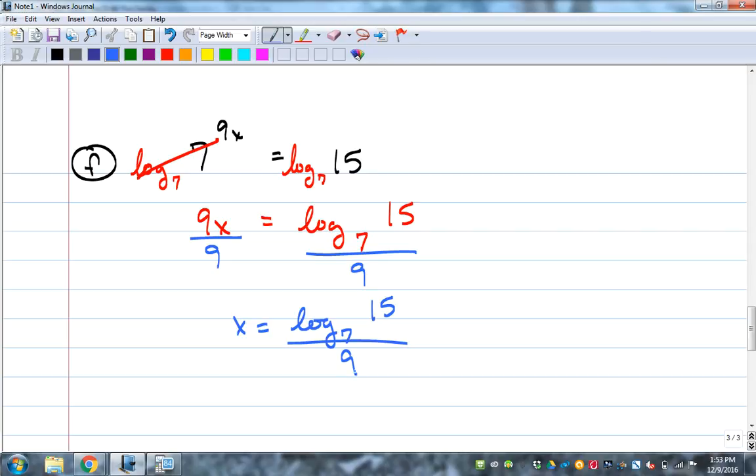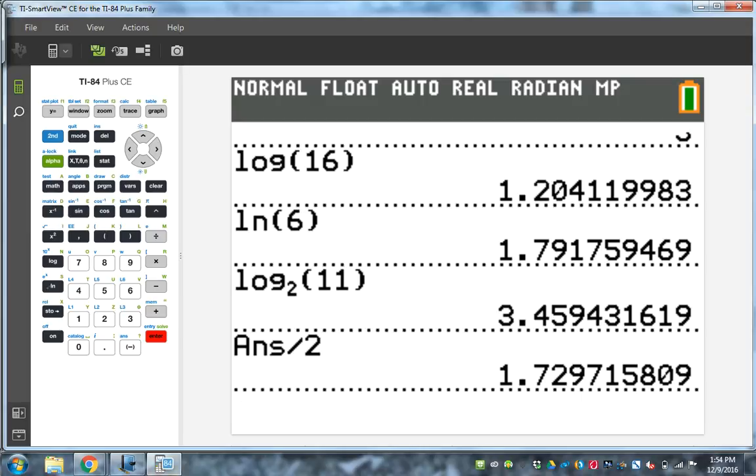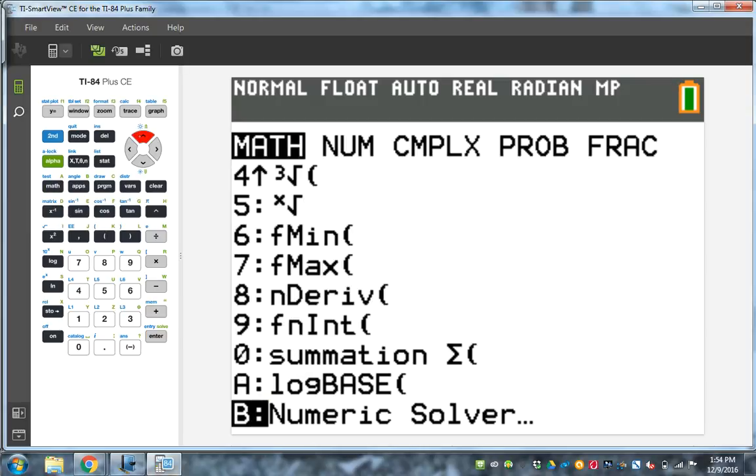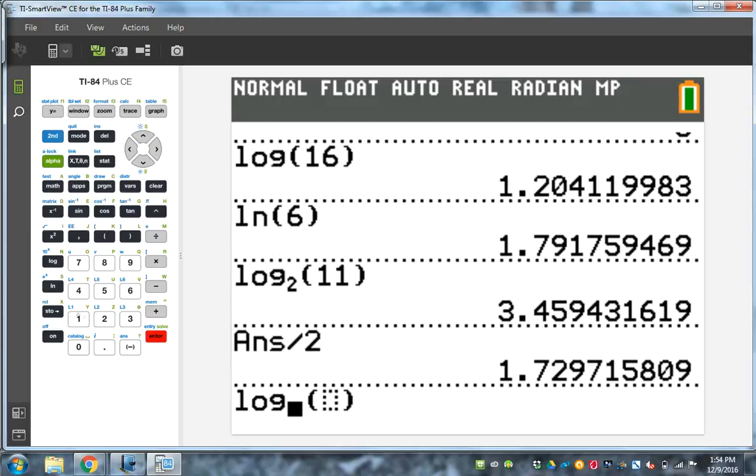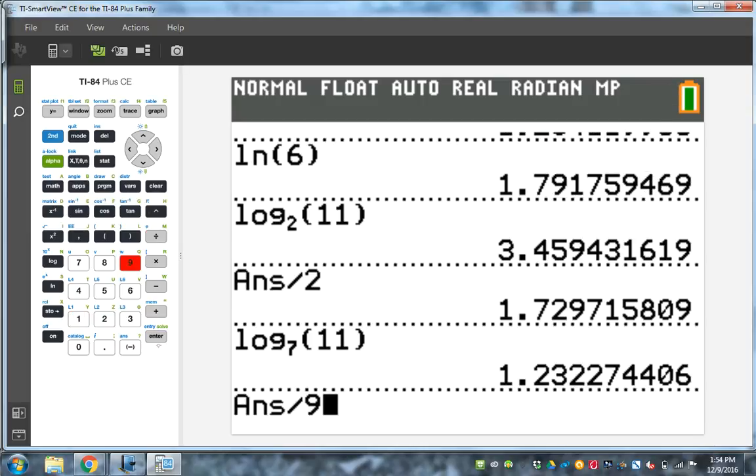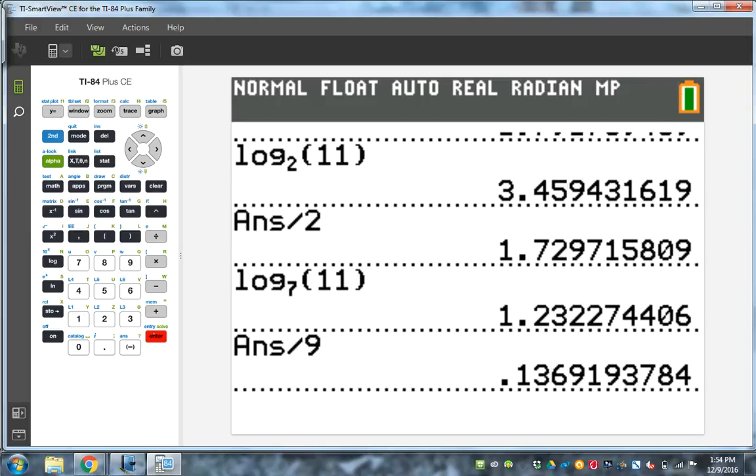Okay, you said the 3 decimal points, so would it be 0.154? So it'd be 1.155. All right, so log base 7 of 11 divided by 9. It's 15 already?